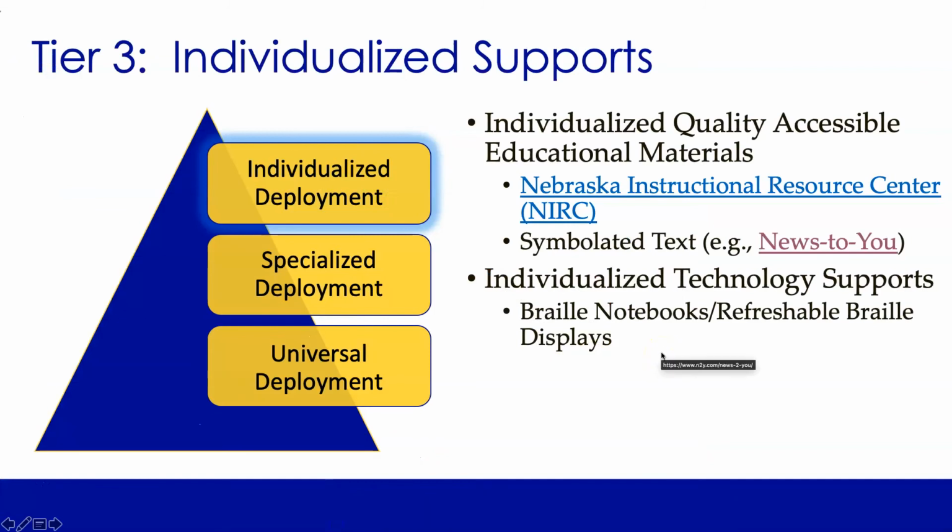When we're talking about individualized technology supports, again, we're talking about meeting very specific individualized needs. And for some students, some of the things that we've already explored in universal technology supports and specialized technology supports may go ahead and serve in this context of individual technology supports, such as Braille notebooks or refreshable Braille displays that provide access to text in a very different way.